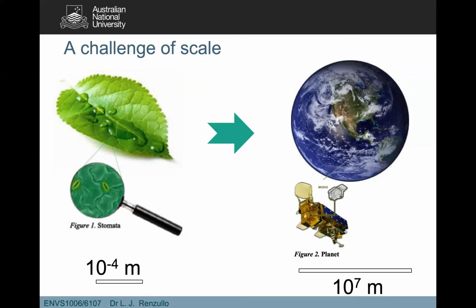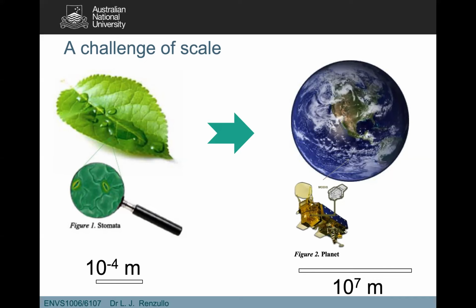Right on the opposite end, you've got the planetary scale, the place where I deal with the role of satellites in monitoring things like clouds and precipitation and soil moisture. So to bridge that scale, you're going to have to understand processes.